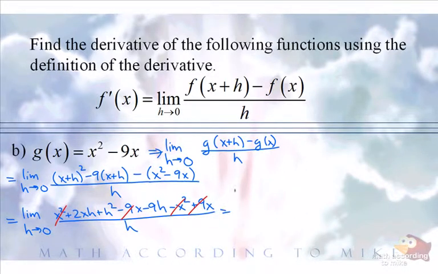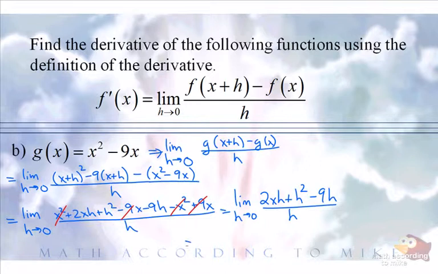So upstairs we're left with 2xh. What else? Plus h squared minus 9h.